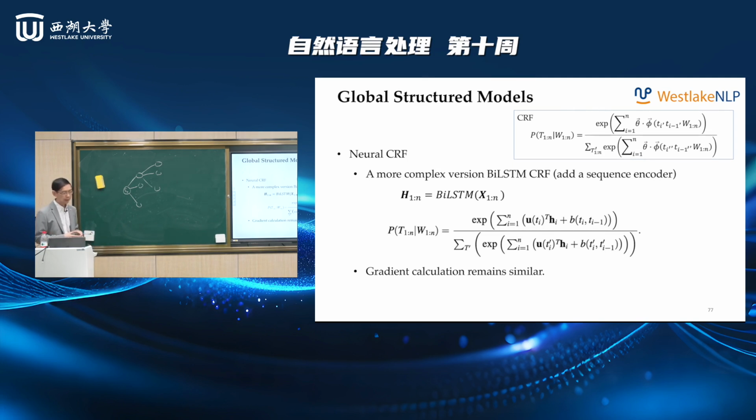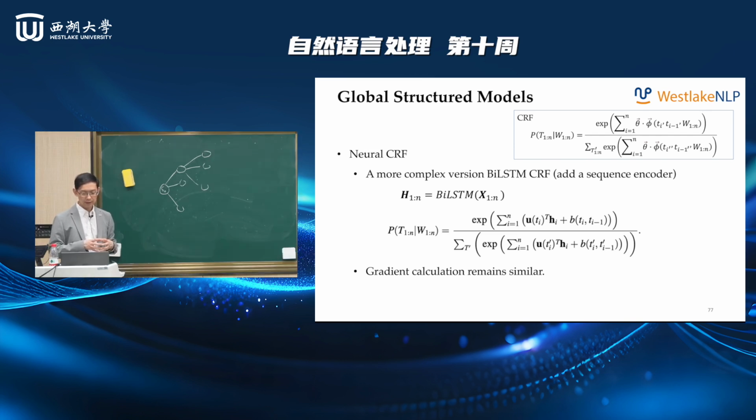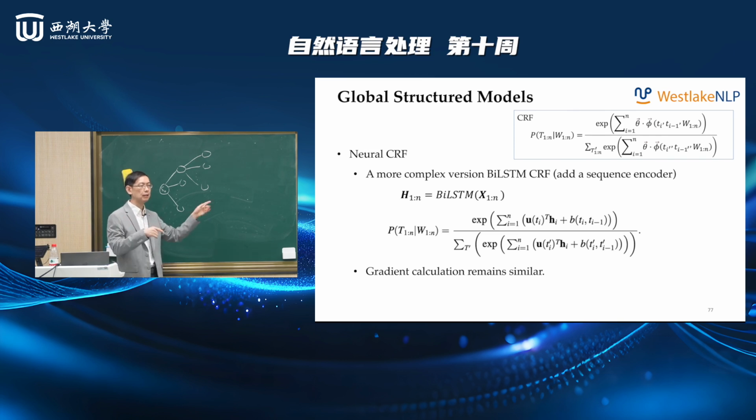And then when we replace the tag bigram and word 5-gram features in the CRF, we just use H for the current word. And we build a neural scorer to integrate this H with the tag bigram. And this time I just use H to replace the hidden layer of the 5-word window MLP in the neural CRF.